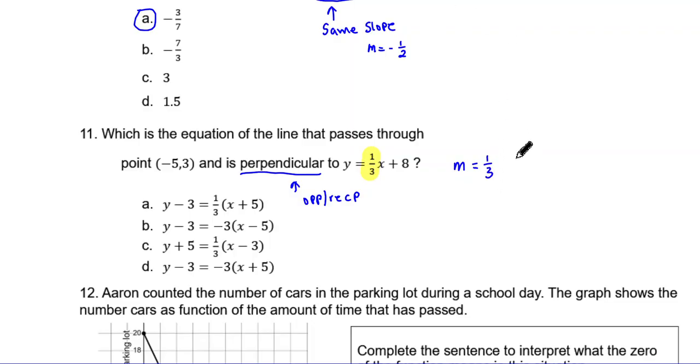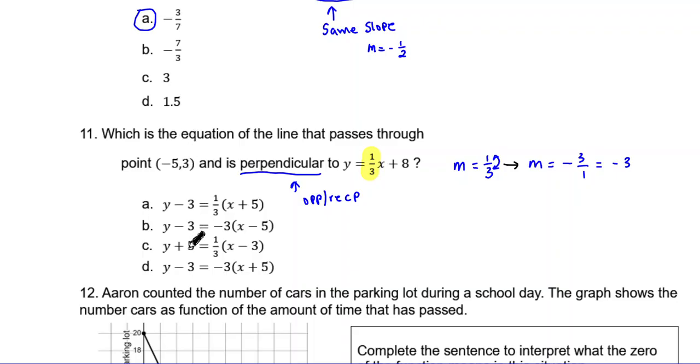For the opposite reciprocal, you take the opposite sign. So if it's positive, the new slope would be negative. And reciprocal means you flip this, so that's -3 over 1, which ends up being -3. Okay, so that's the slope. And then it has to pass through this point.